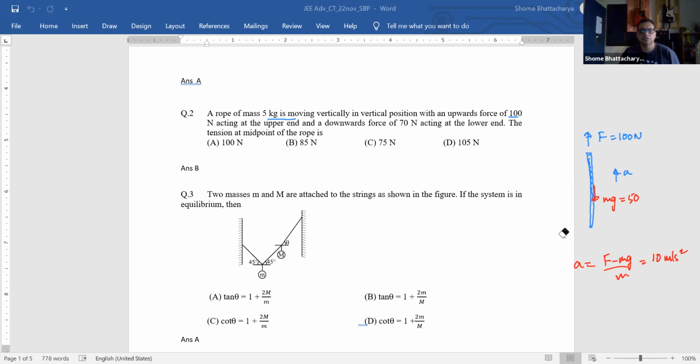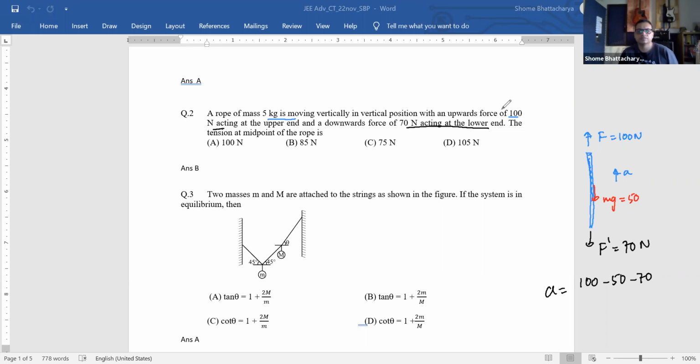So we have to change this. There is also a downward force acting on it. So there is a 100 newton force at the upper end, and there's also this F prime, so 70 newton. So its acceleration is different. It is going to be 100 minus mg minus 70. Okay, so it's going to have a downward acceleration.